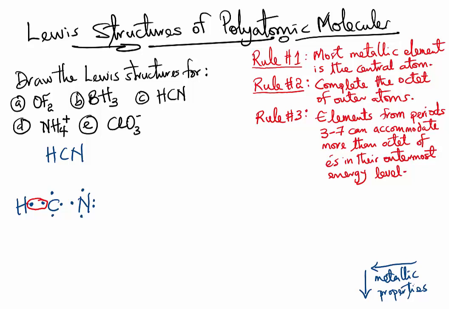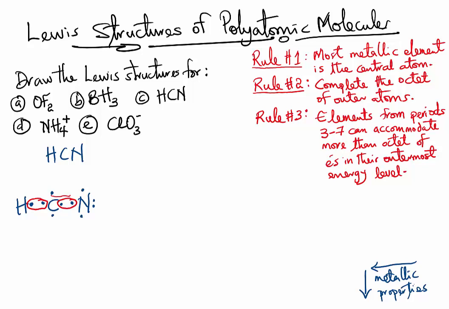However, for nitrogen, nitrogen has 5 valence electrons in its atom. If we share 2 electrons between nitrogen and carbon, that only takes nitrogen to 6 valence electrons.